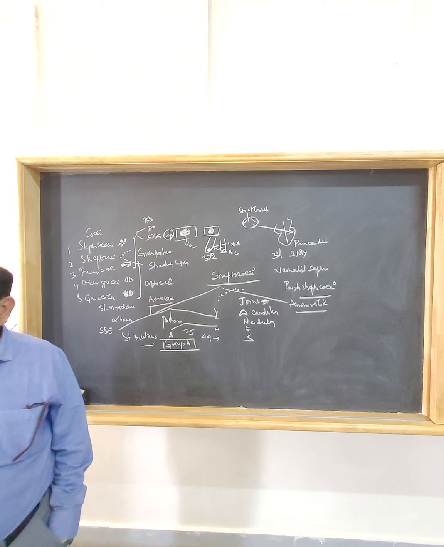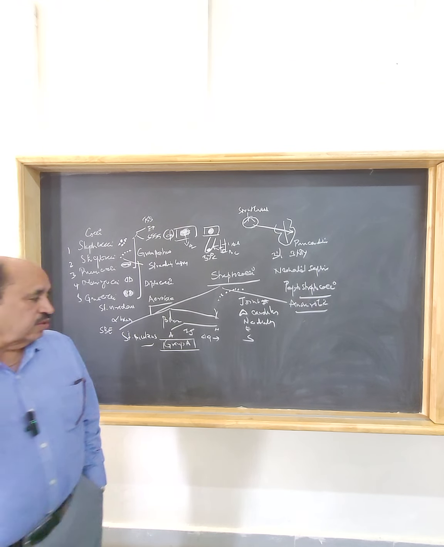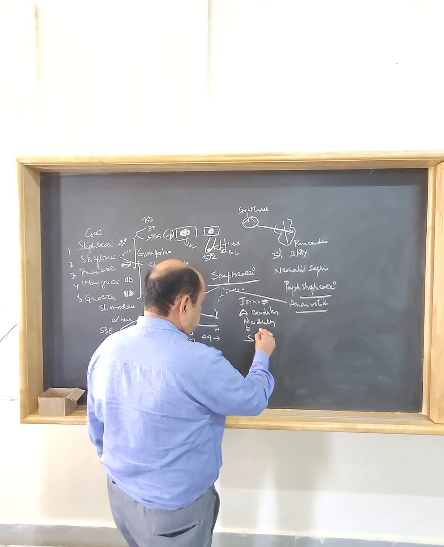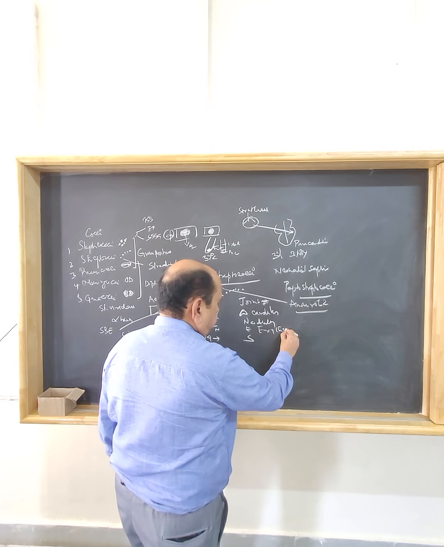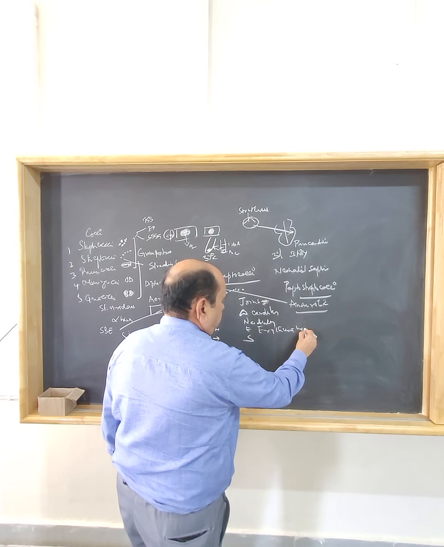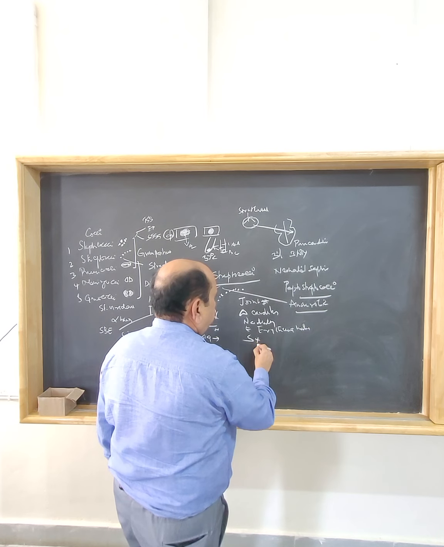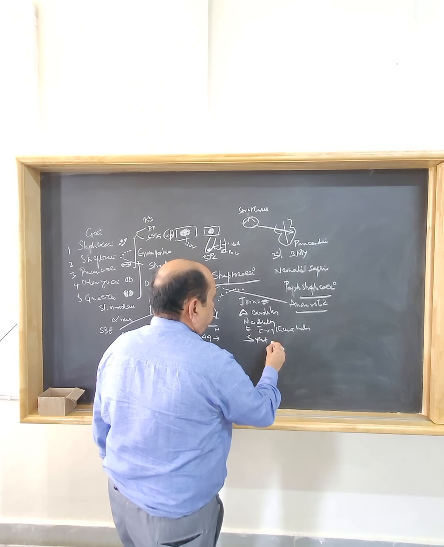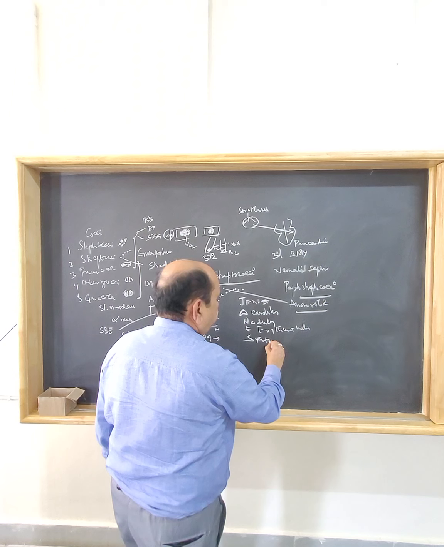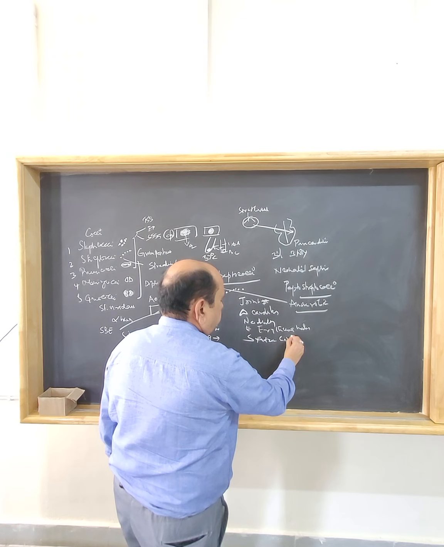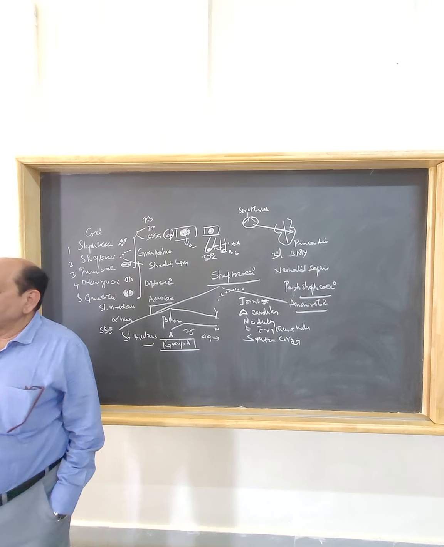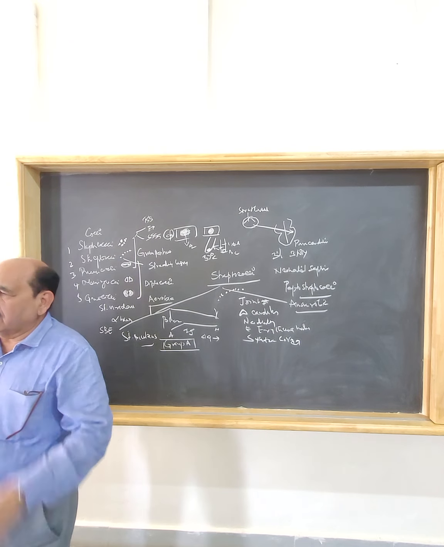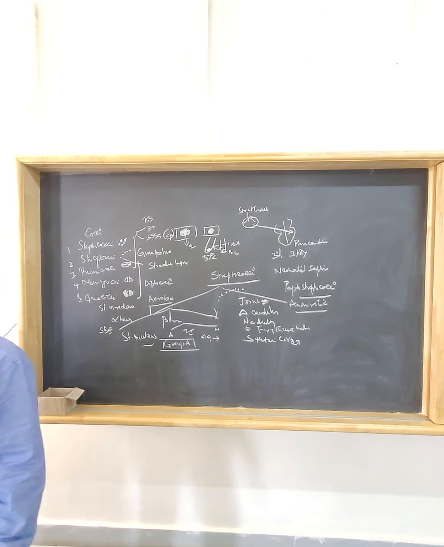And the fourth one is erythema marginatum, the erythematous rash. And the last one is the nervous system, which is called Sydenham chorea, with jerky movements.